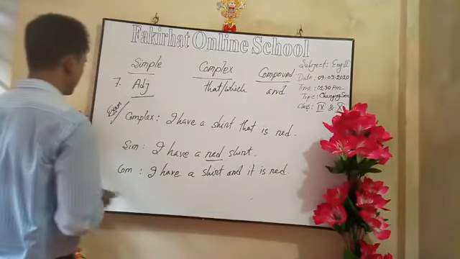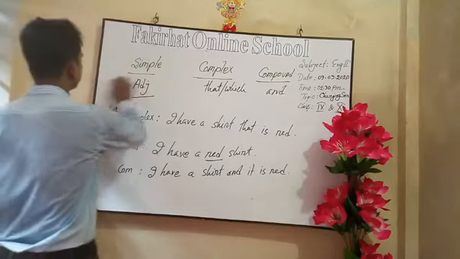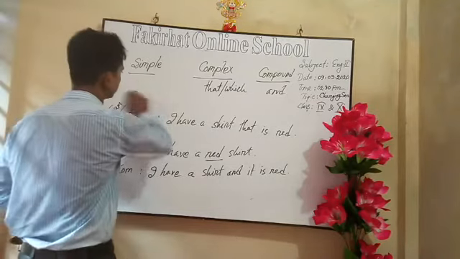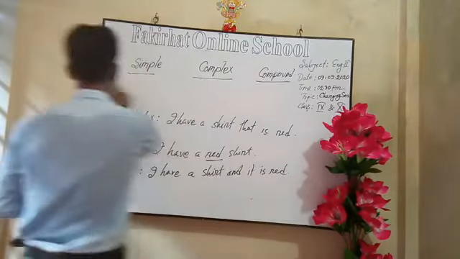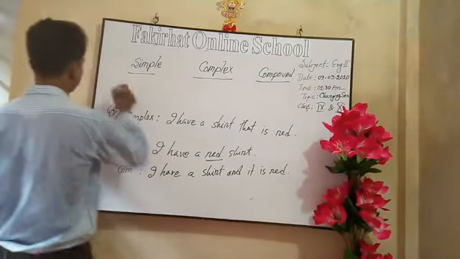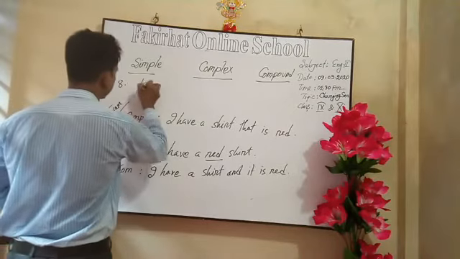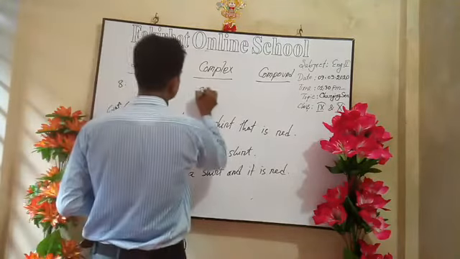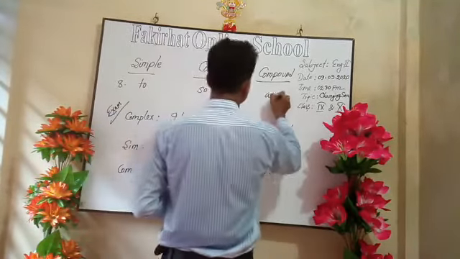Okay, dear students, please note it down. Now come to rule number 8. Rule number 8: simple sentence, "to". Complex, "so that". Compound, "and".